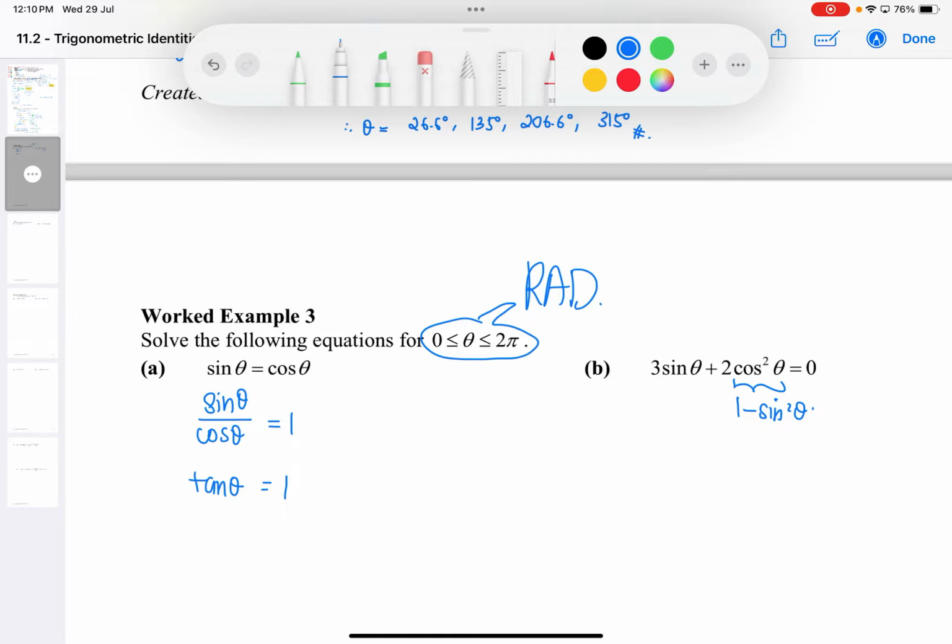I got so many more examples to do. How? Tomorrow only got... Thursday only got 1 period. Homework lor. When is next lesson? Thursday. Next lesson is Thursday or Friday? Friday. Wednesday no more? Today is Wednesday.